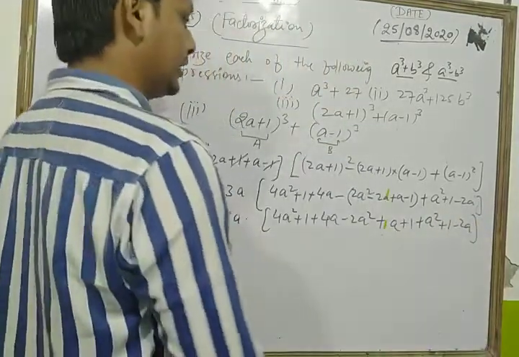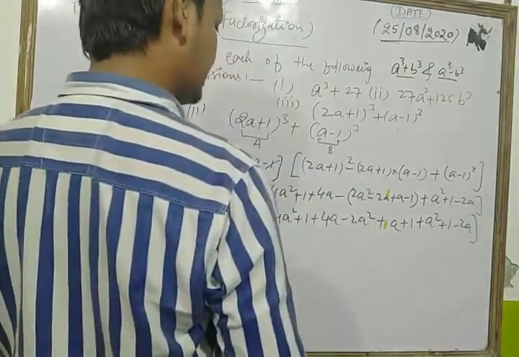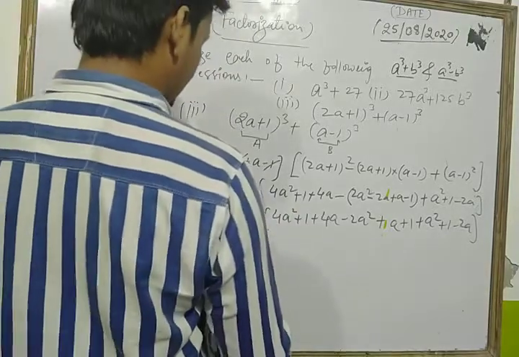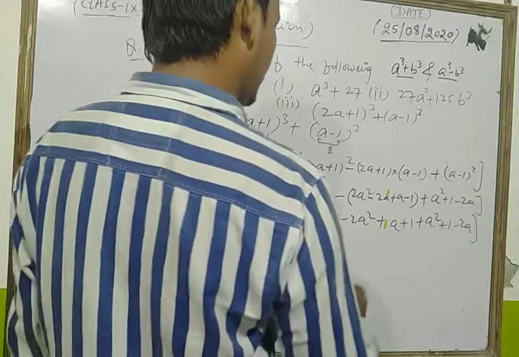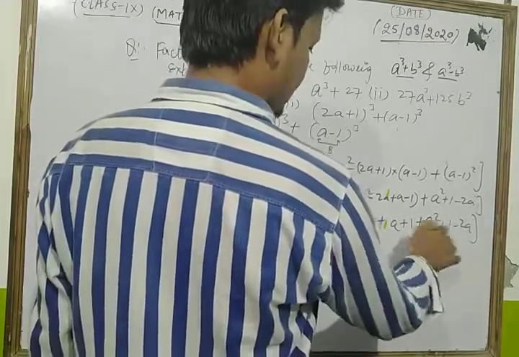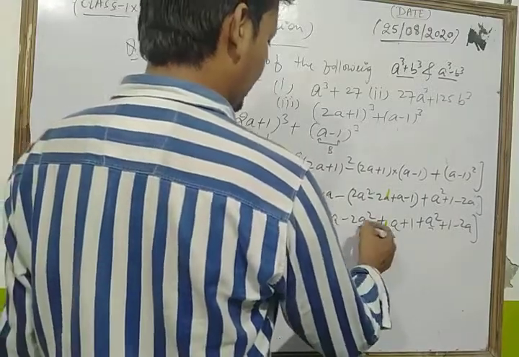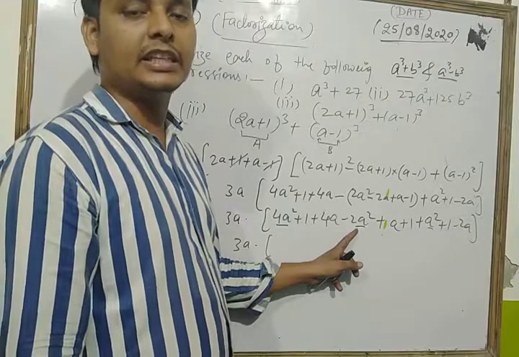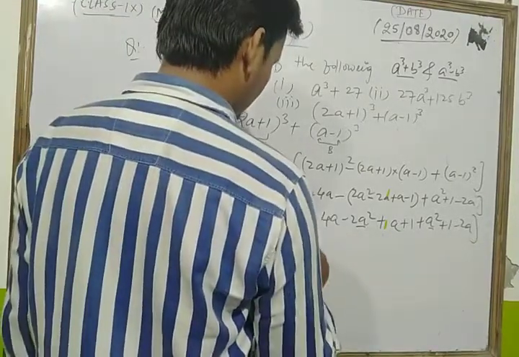Now we have 3a and in bracket 4a square plus a square is 5a square, minus 2a square, so we get 3a square.